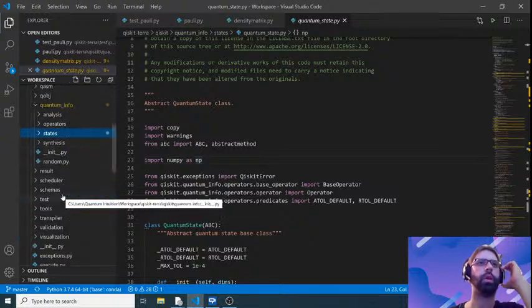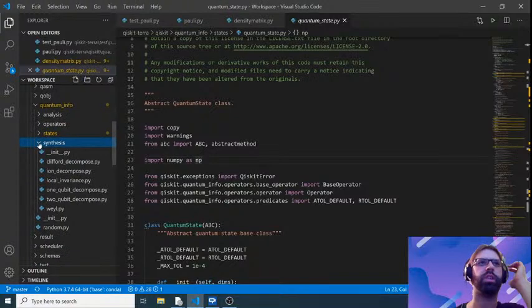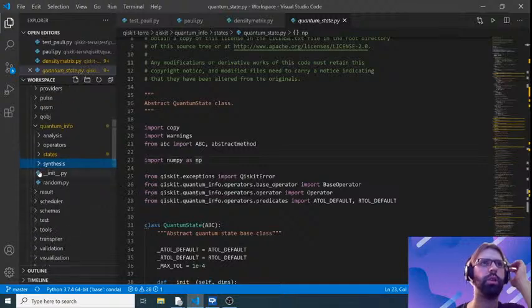As in, what can you do with Qiskit? We've seen analysis operators and barely started with states. And what is synthesis? One qubit decomposition, two qubit decompositions. Oh, those are decompositions of gates. Local invariance, I guess. Scheduler result. Okay.